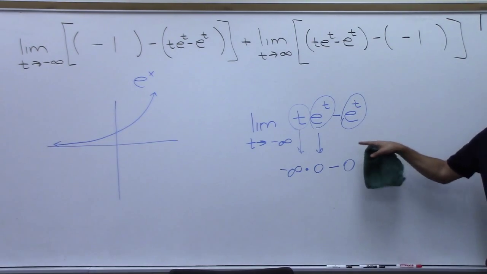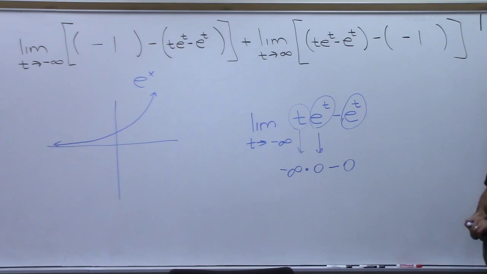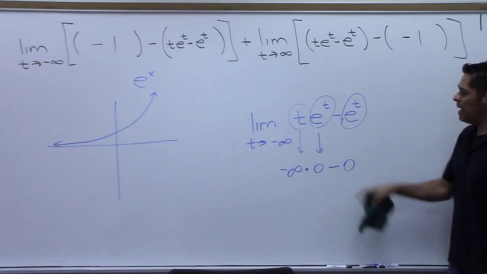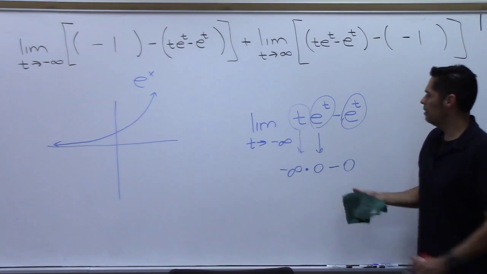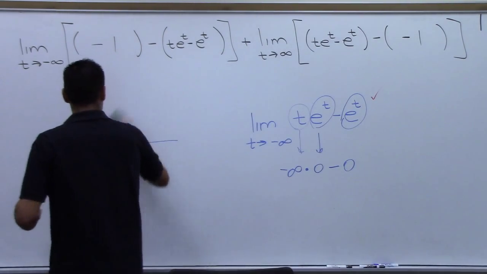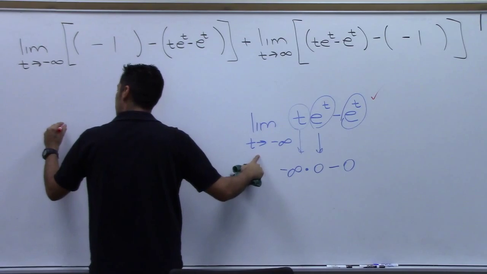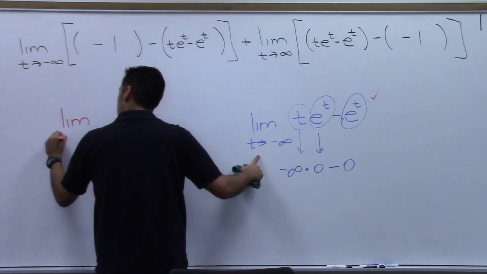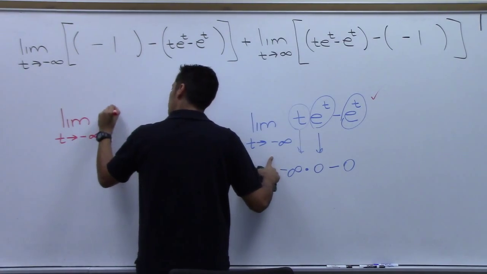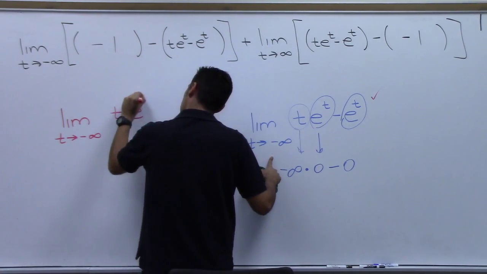So I've got to investigate this further. Since I'm investigating it further, I'm just paying attention to this piece right here. This piece, I'm checking that off. I know what that does. So I'm looking at the limit as t goes to negative infinity of t times e to the t.